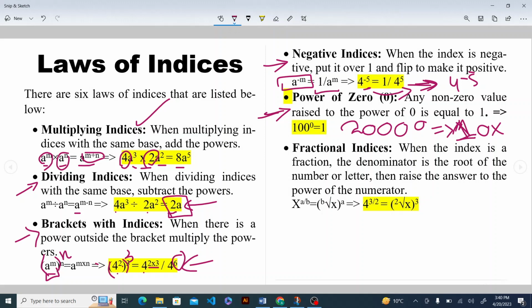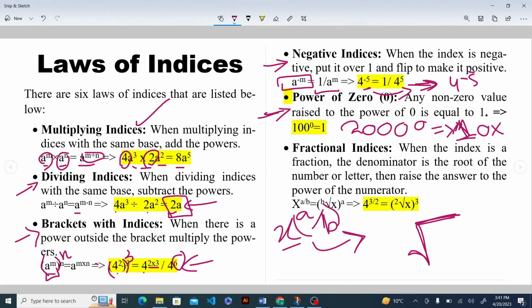By this law, what we understand is that when we have a number or term in index form, where x is a coefficient, x is a base, and its power is a divided by b, means the power is in fraction. So there's a particular way to write this index form, and that method is that the base will be written in root form.